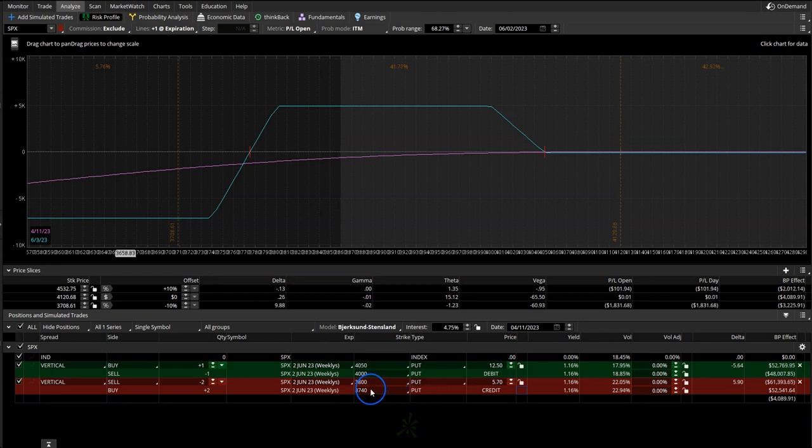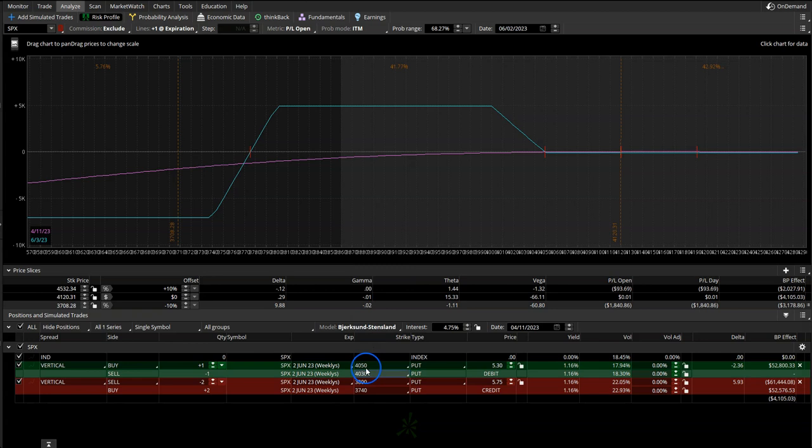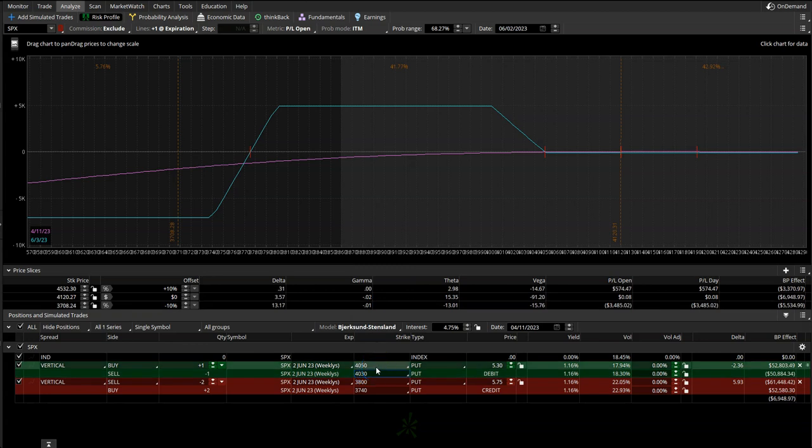So maybe instead of doing a 50-point wide put debit spread, you go 30-point wide put debit spread, right? So 40, 30. Right, so I don't know. Did I say 20-point wide or 30? Well, we can go.